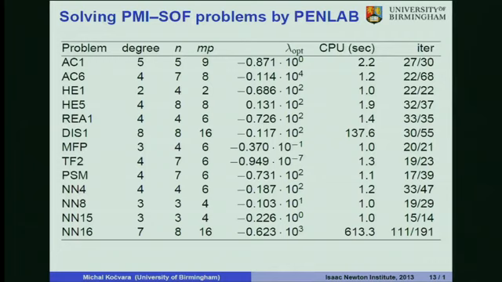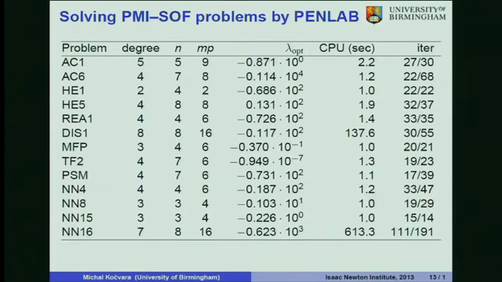Sometimes it's just bilinear, but sometimes it goes up to degree 7 or 8, so it's not a trivial problem at all. And you can see here the CPU time to solve the problem. You can't really compare it with the old table, because that was a code programmed in C. This is the MATLAB code, so it will be slower.